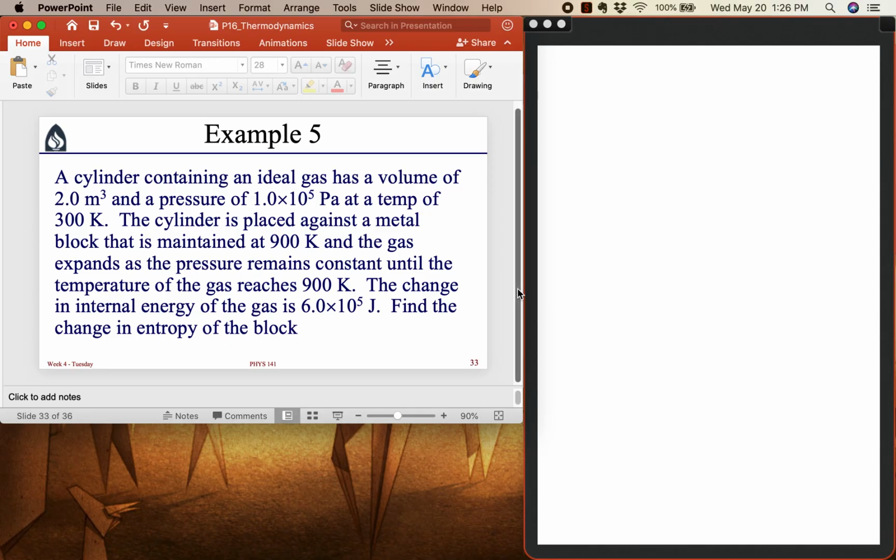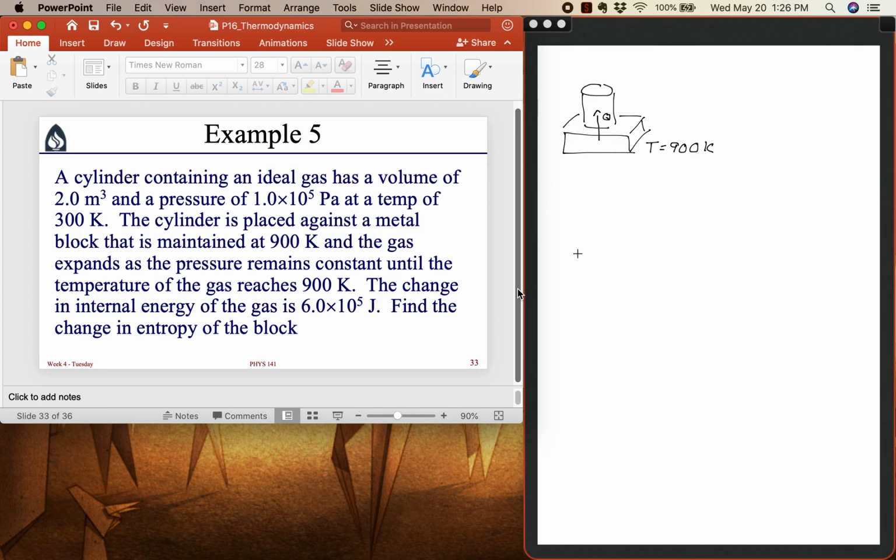So if we look at this problem, we have our cylinder of gas, and it's resting on this block, and the temperature of the block is maintained at 900 Kelvin. And we know that heat goes from the block into the gas.